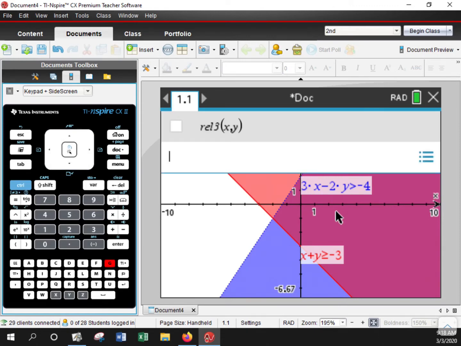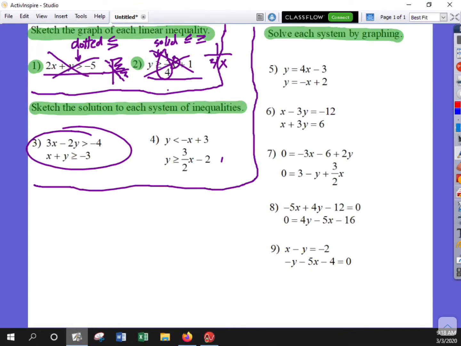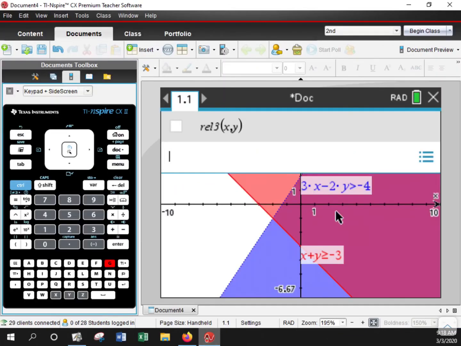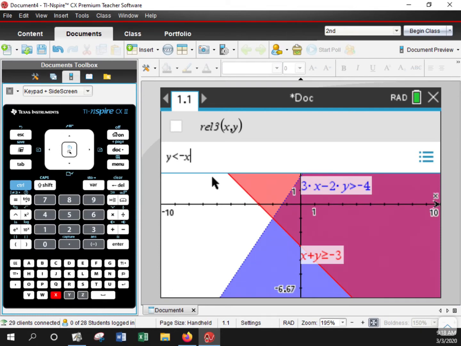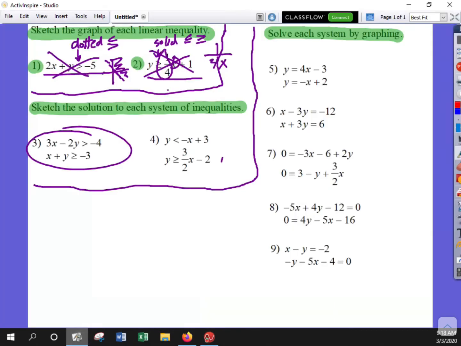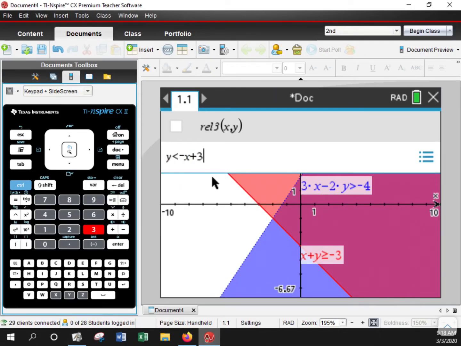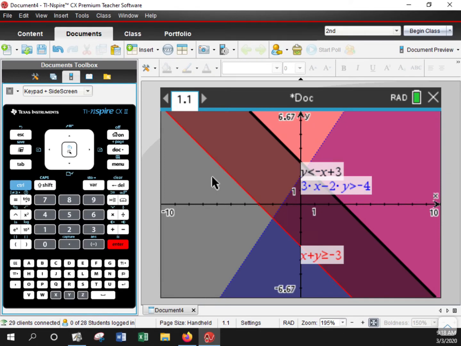All right. Now, if I don't erase, but just keep going, let me show you what happens. So y is less than negative x plus 3. If I do that, it starts to make things a little harder to see.